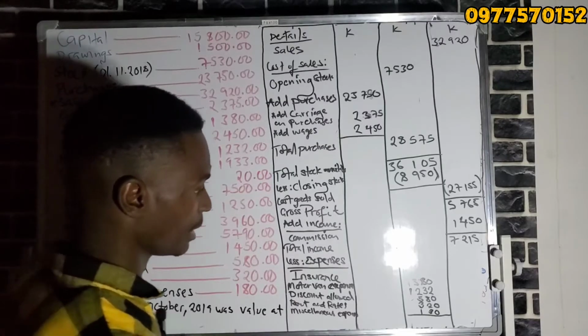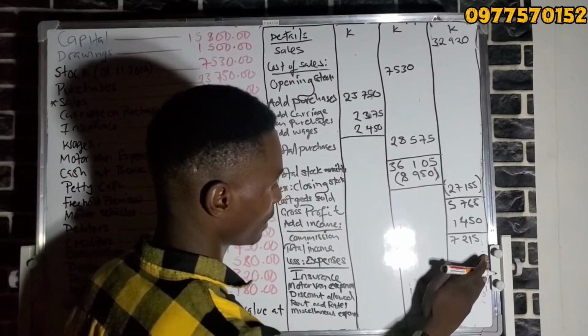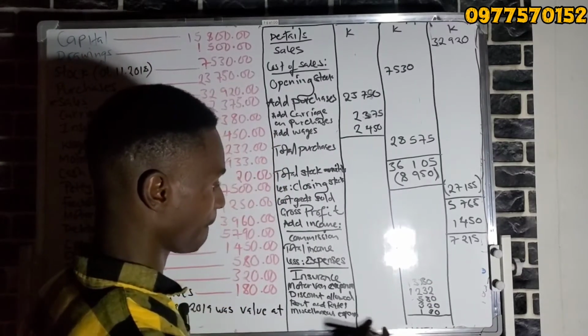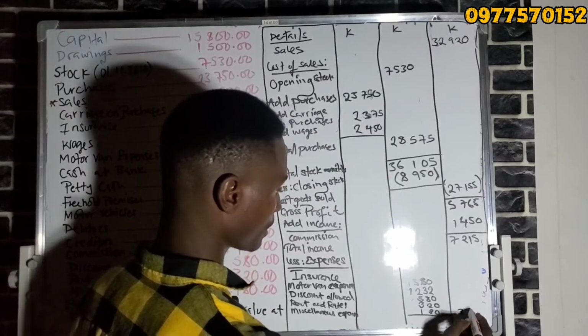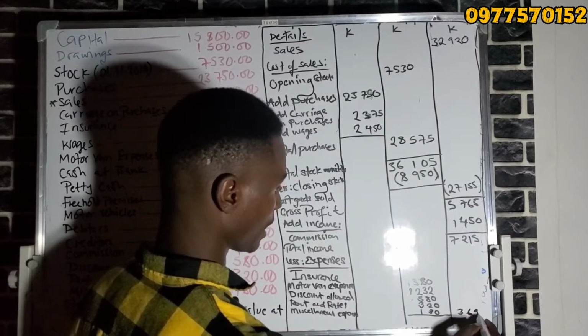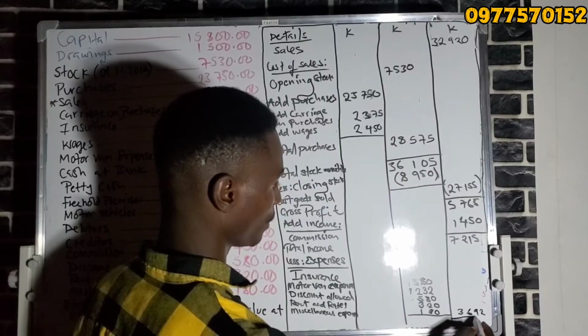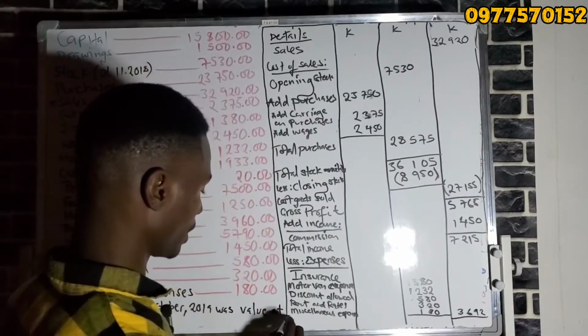This is giving me as total expenses 3,692. I want everything to fit here. This is called total expenses.